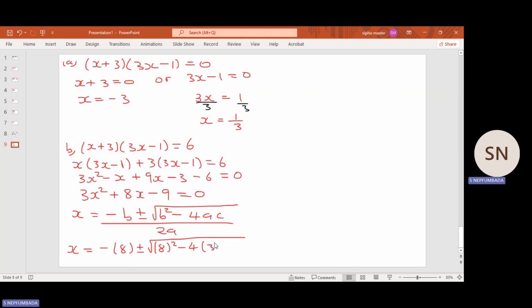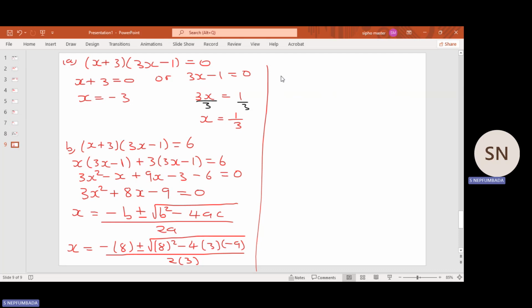This is 4, our a is 3, our c is negative 9, then divided by 2 into 3. Then we go to our calculator and we substitute everything.